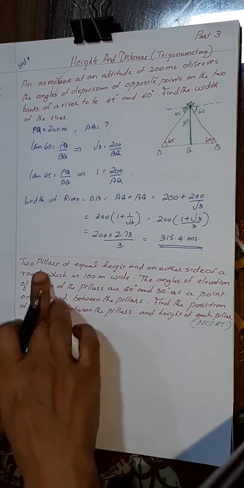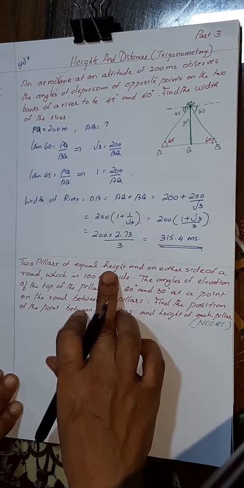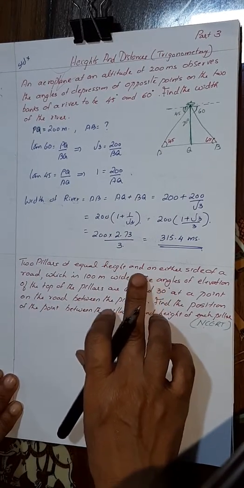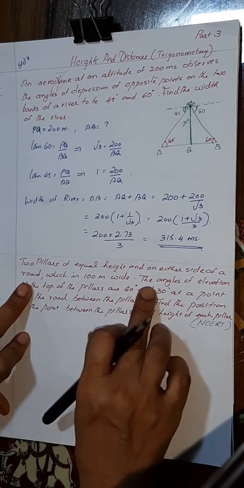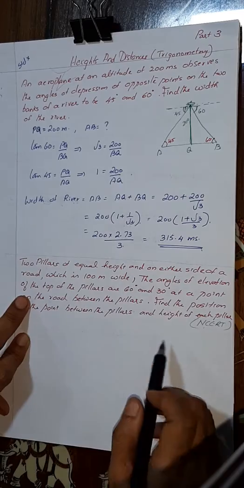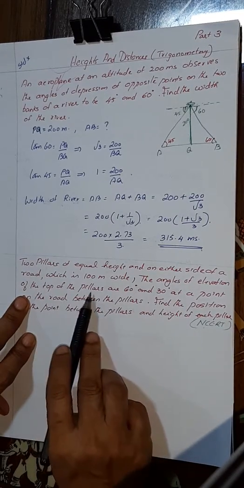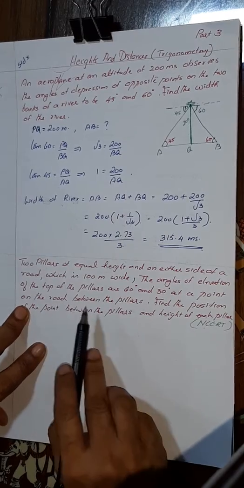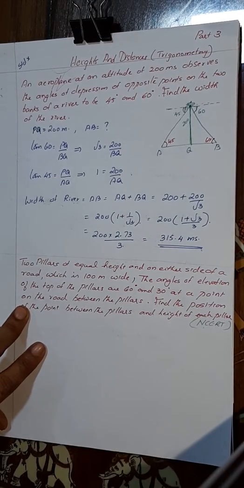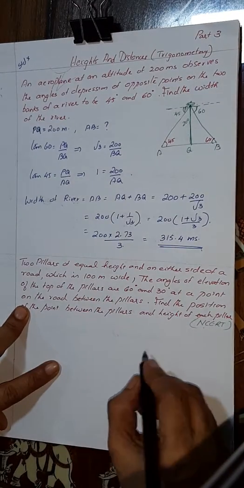Now here two pillars of equal height and on either side of a road which is 100 meter wide. The angle of elevation of the top of the pillars are 60 degrees and 30 degrees at a point on the road between the pillars. So the pillars are of equal height.